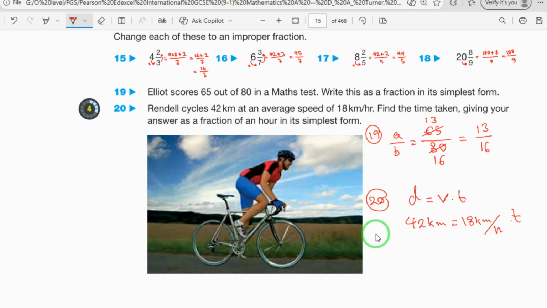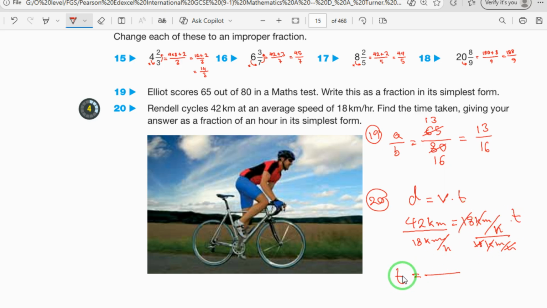First we should calculate the value of t. So here we divide both sides by 18 kilometers per hour. So the value of t is equal to, here we simplify hour by hour and kilometers by kilometers. 18 by 18, only t remains on the left side.